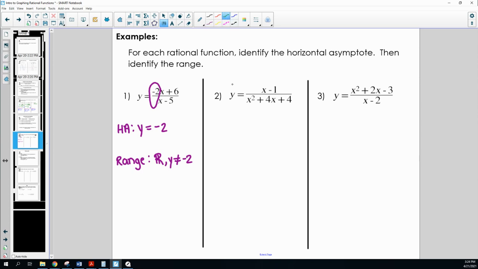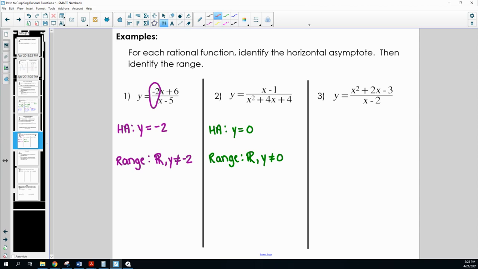Okay, number 2, check the degrees. The degree on the top is 1, the degree on the bottom is 2. So the bottom is larger than the top, so that means that the horizontal asymptote would be y equals 0. So that means that our range would be all real numbers, except y cannot equal 0.